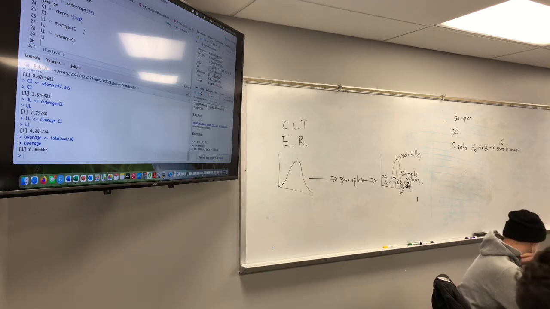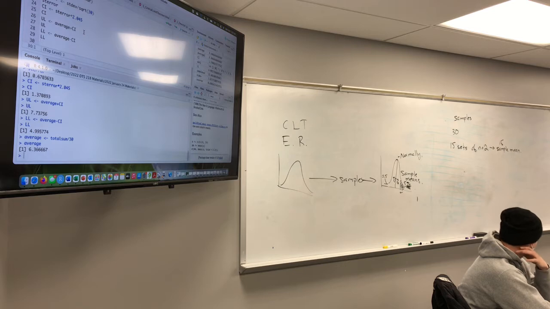Well, we know what the true population value is because we have a very simple population, a deck of cards. 4 suits, each card has the same numerical values from 1 to 13, and the average of the values from 1 to 13 is 7. So we know what the population mean is.